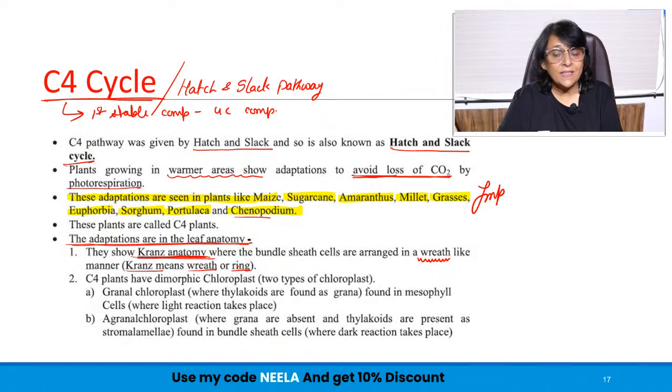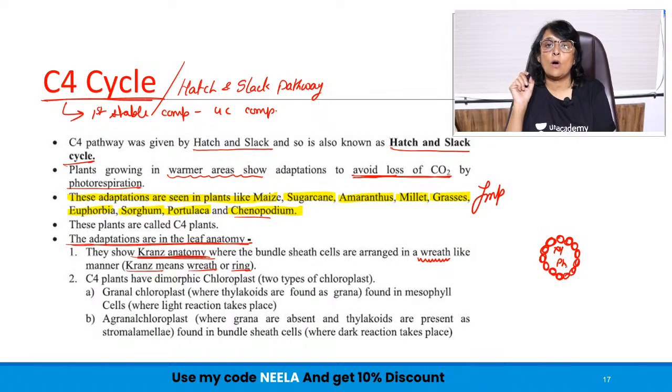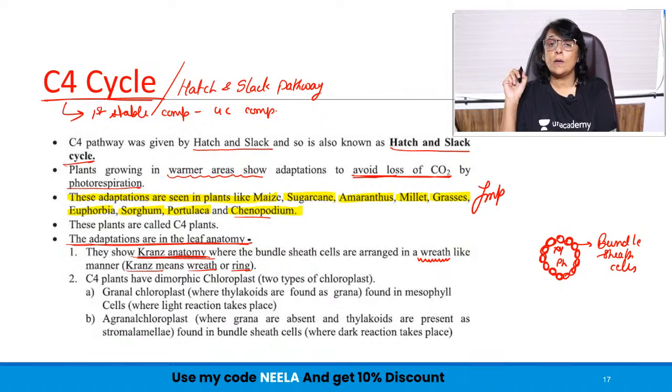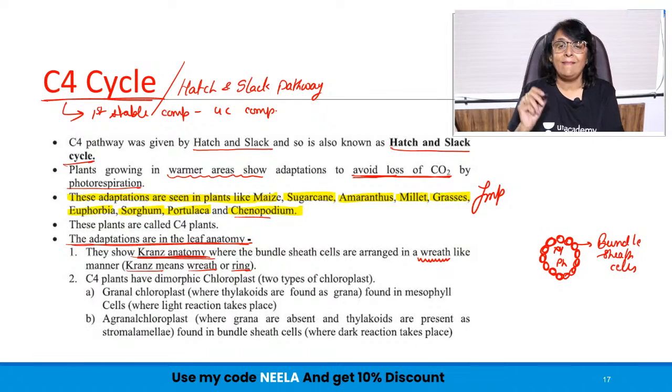And when we draw bundle sheath cells, the bundle sheath cells are a little thick walled and they are arranged in a ring around the vascular tissue, that is xylem and phloem. So there is a circular arrangement of these bundle sheath cells. These are bundle sheath cells and they are slightly thick walled because something special is going to take place in those bundle sheath cells, and that is known as Kranz anatomy.